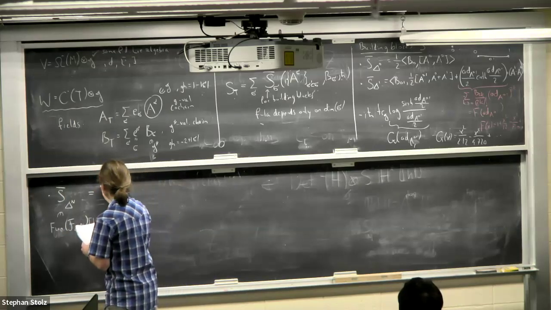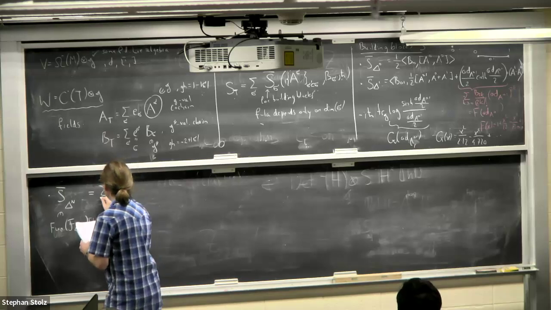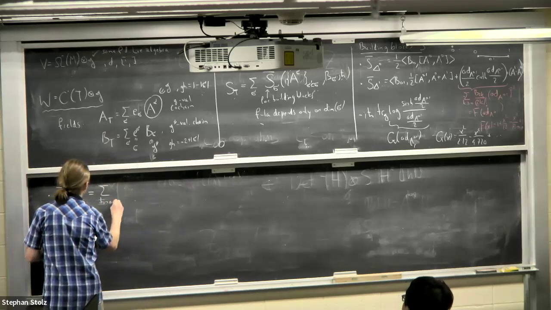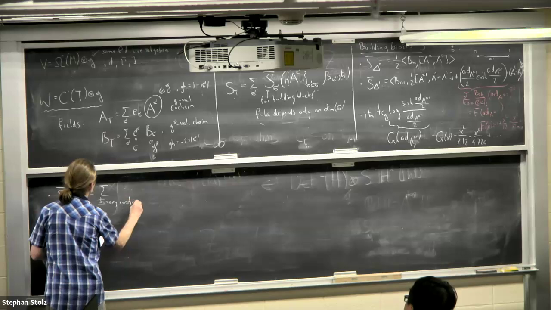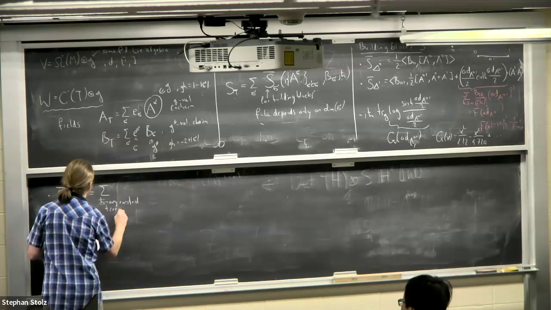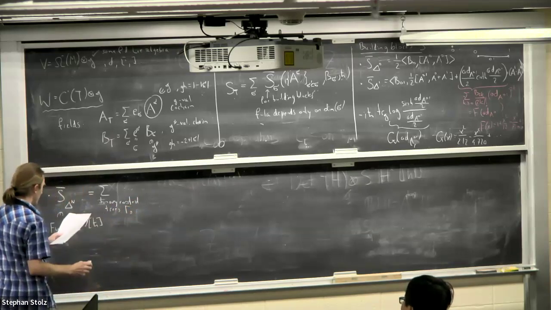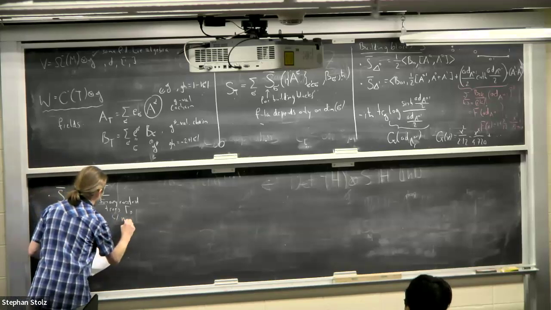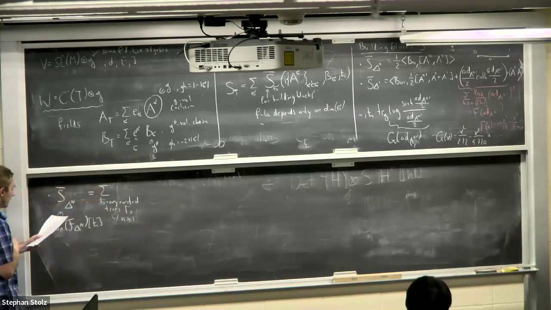It's a sum over binary rooted trees gamma with n leaves.